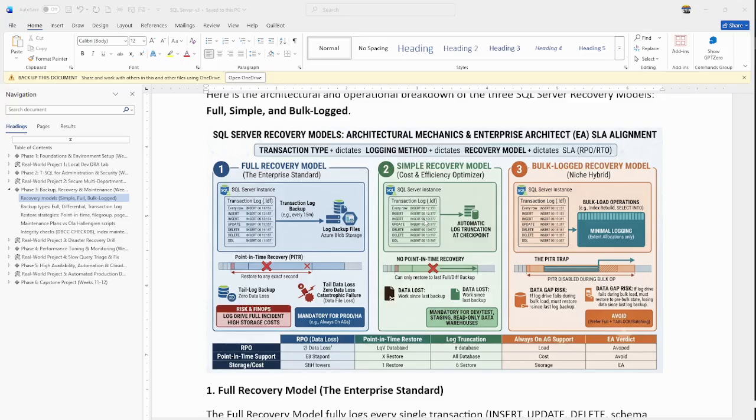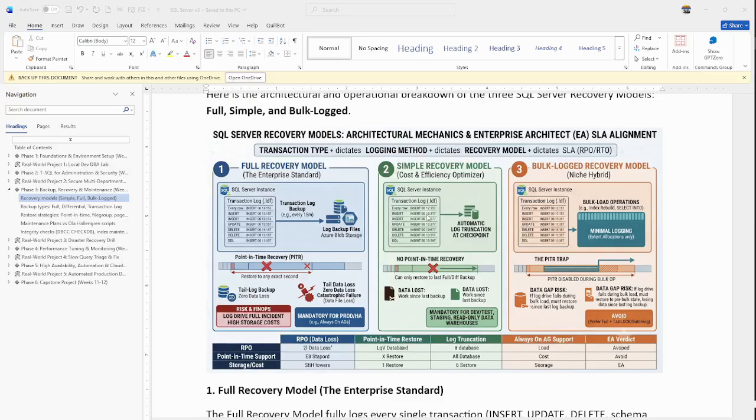Or you have a staging database, where you are extracting, transforming, or loading, a landing zone where data is filtered and then reloaded daily. In this scenario you are going to use the simple recovery model.